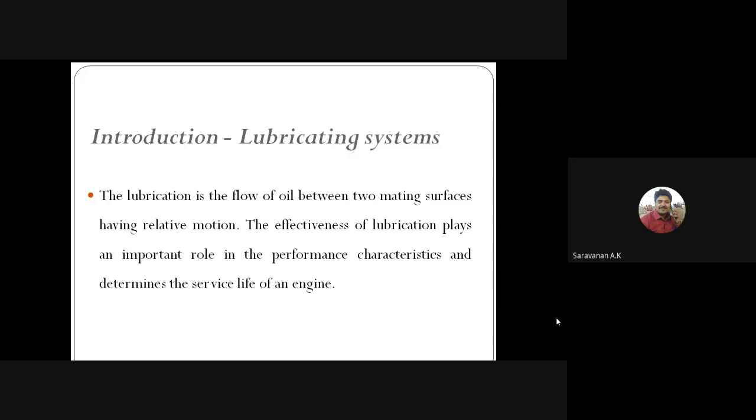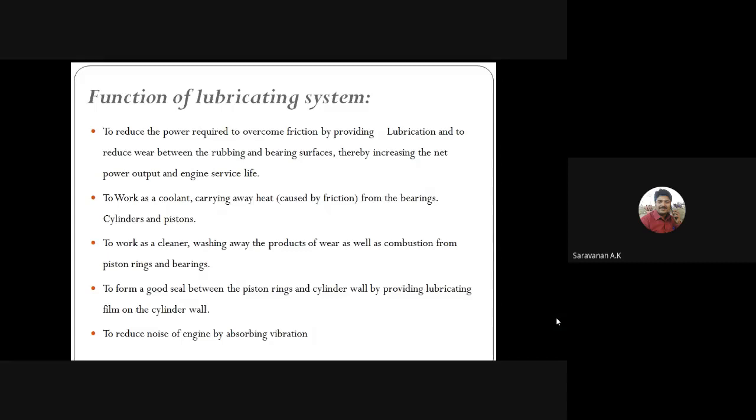What are the functions of the lubricating system? It will reduce the frictional force acting on two mating surfaces with relative motion between machine components.